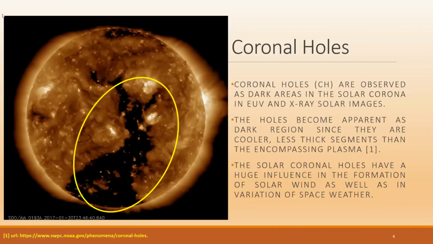So solar coronal holes are nothing but dark areas observed on the solar corona, mainly in solar EUV, that is extreme ultraviolet images, and X-ray images.